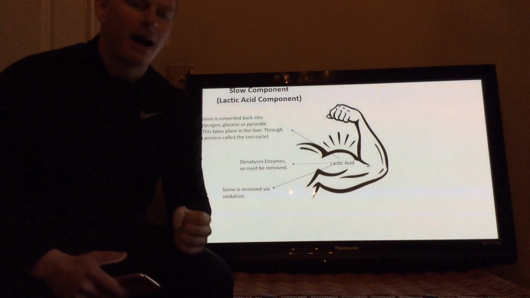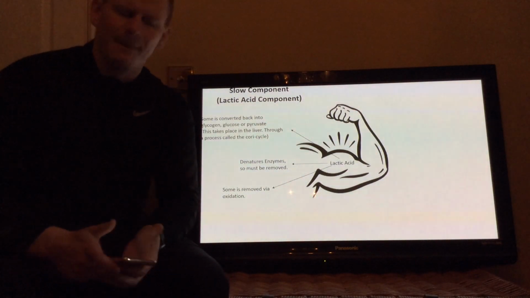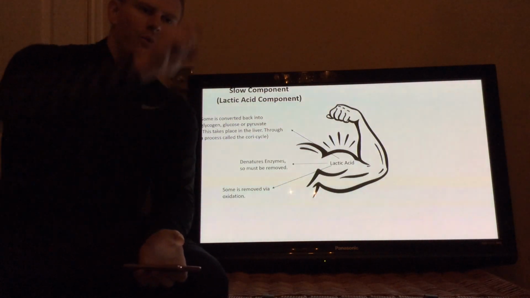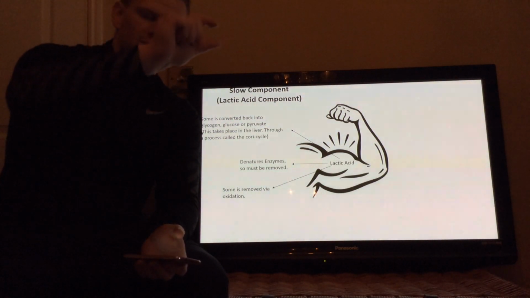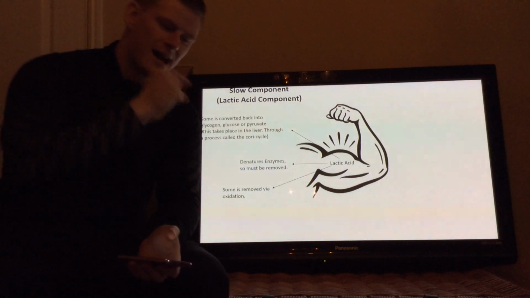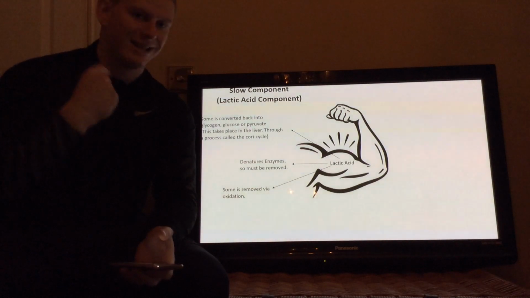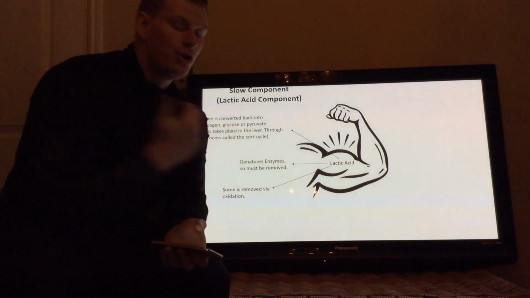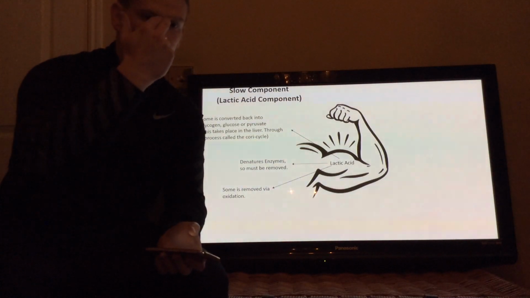Now, think about how I got to lactic acid. I must have been using the lactate anaerobic system, which is glycogen gets broken down into glucose, glucose is broken down into pyruvate, and then pyruvate converts into lactic acid. The Cori cycle in the liver just reverses that process.